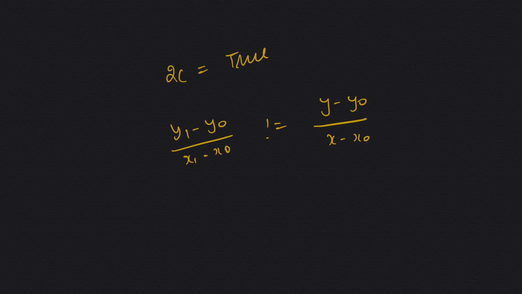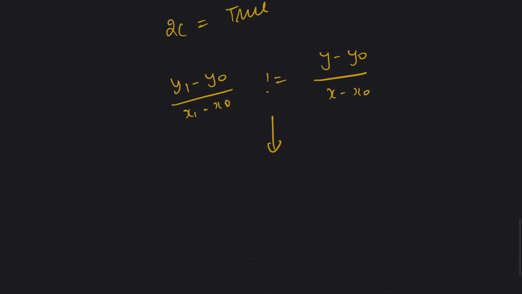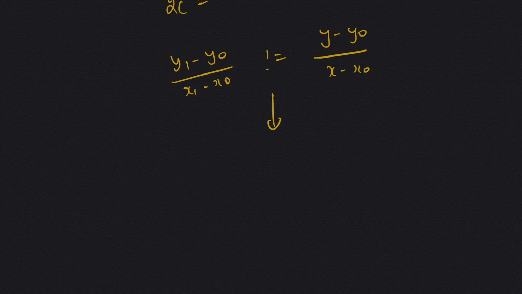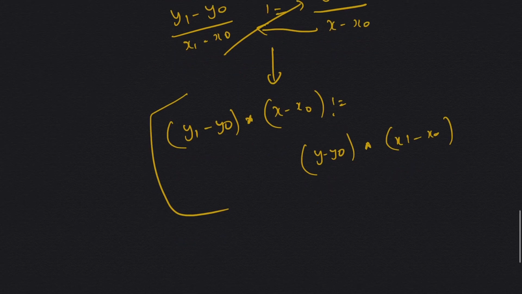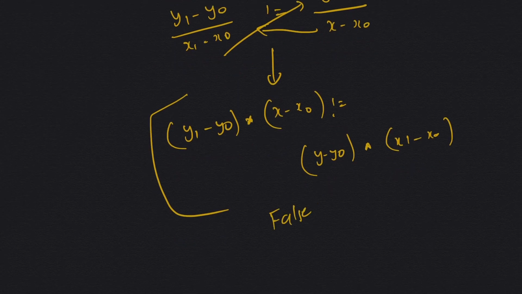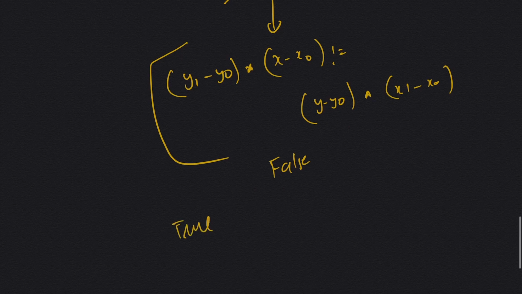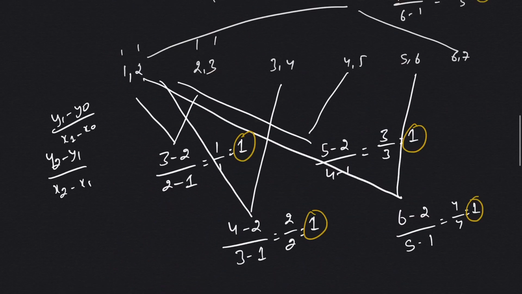Or we can simplify it this way: (y minus y0) multiplied by (x1 minus x0), because the denominator will go to this side and that will come to this side, if not equal to (y1 minus y0) multiplied by (x minus x0). So this is the formula. If this is the case, I will simply return false, else I will return true. So this is the way we can solve this question.